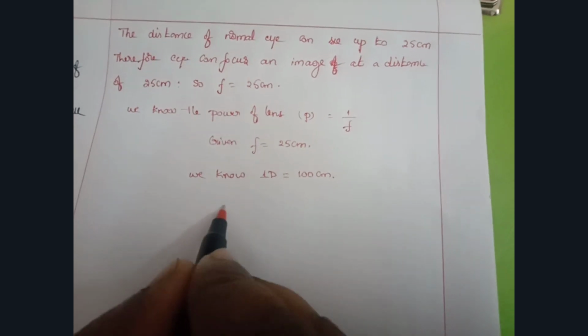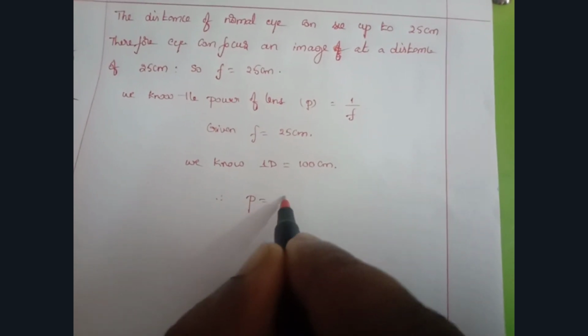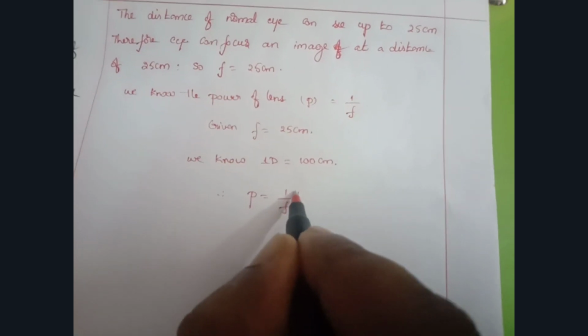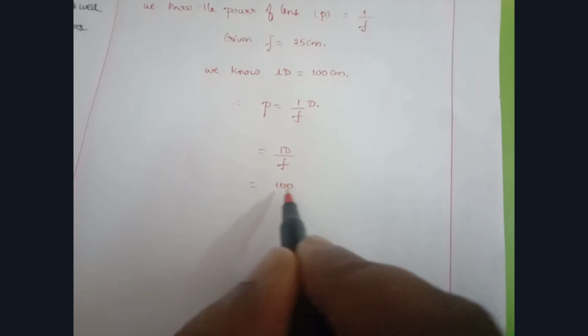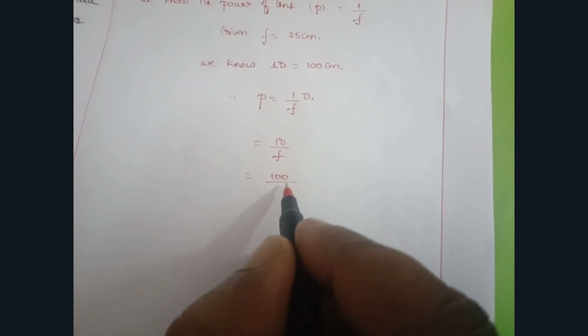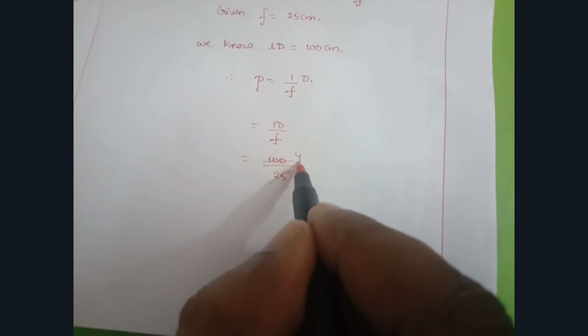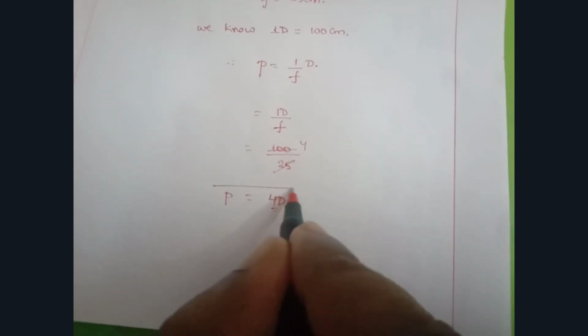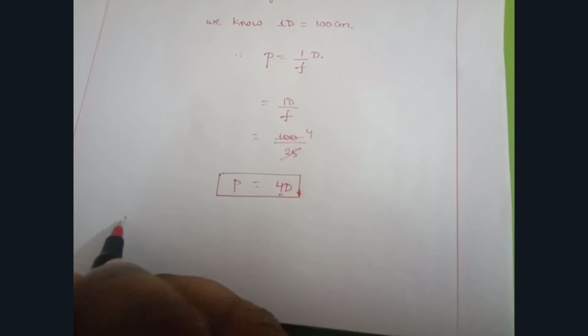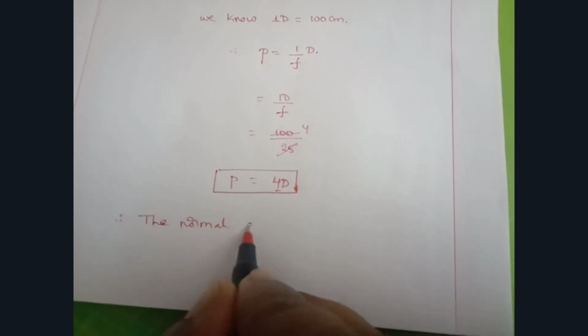Therefore, P is equal to 1 by F diopter, that is 100 by F with F in centimeters. So P is equal to 100 by 25, which is 4 diopters. Since 1 diopter corresponds to 100 centimeters, 4 diopters corresponds to 400 centimeters.